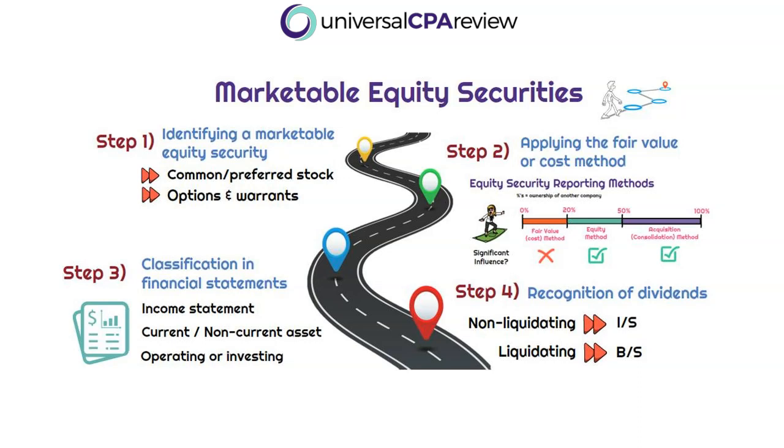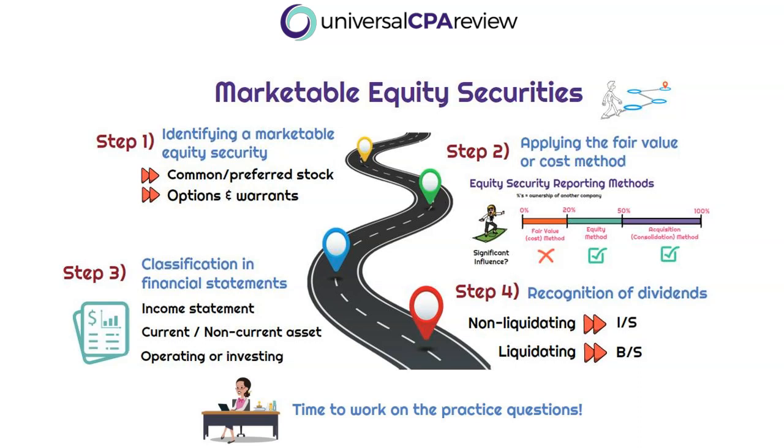And then how unrealized gains and losses are recorded directly to the income statement, the classification on the balance sheet and cash flow statement, and then lastly, how we will treat the two different types of dividends, which would be liquidating and non-liquidating. So review the study guide. This is a very short module in terms of a lecture, but it's very pinpointed. Now go practice those multiple choice questions and simulations.